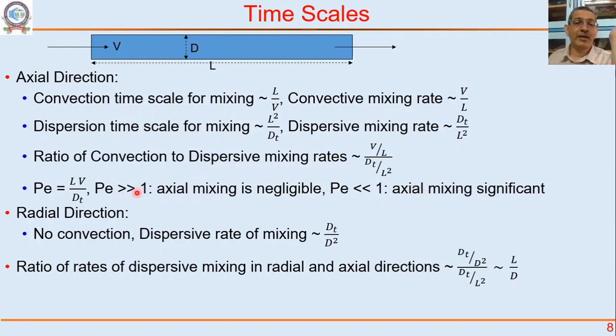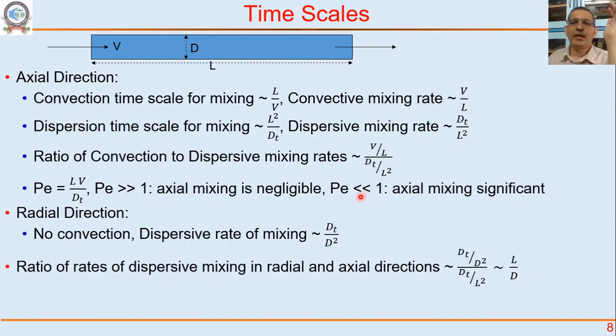Again, Peclet number far, far greater than 1: practically, dispersive mixing rate in the axial direction is negligible. It's only convection that is dominating. So a Peclet number much greater than 1 means only convection is occurring, no mixing in the axial direction.